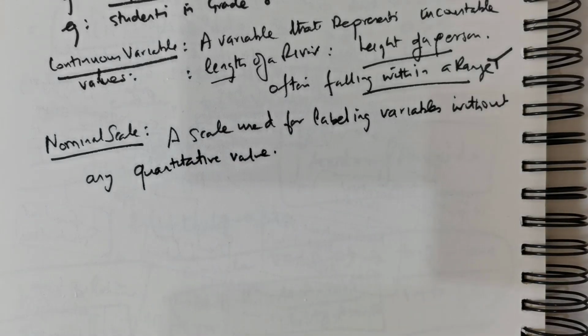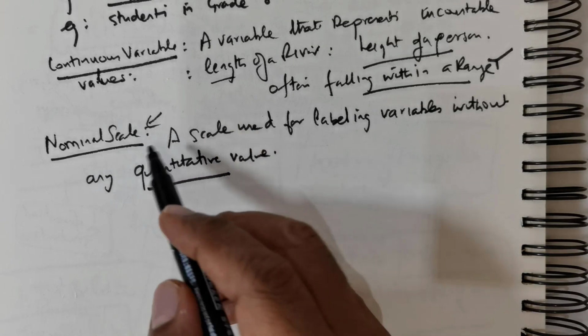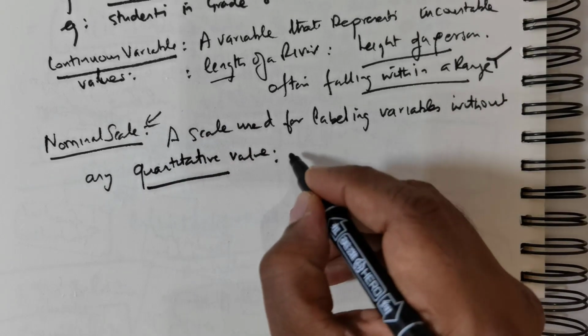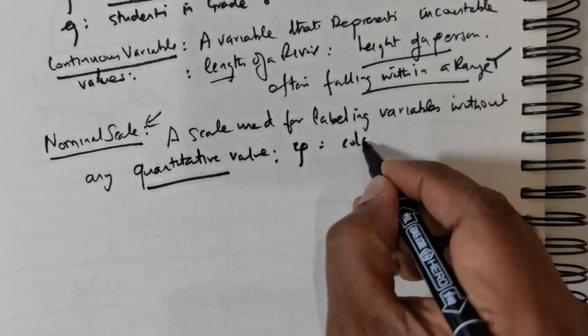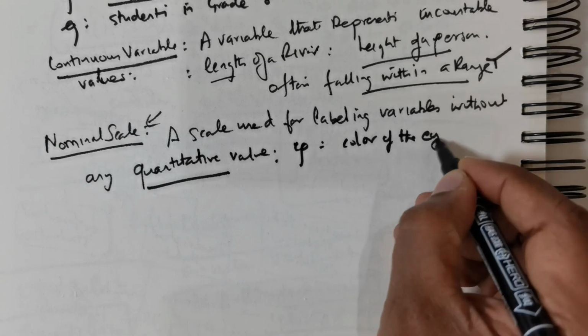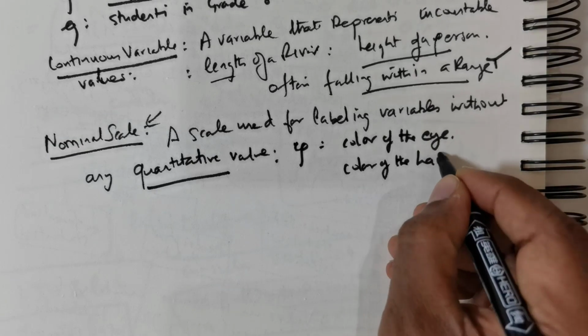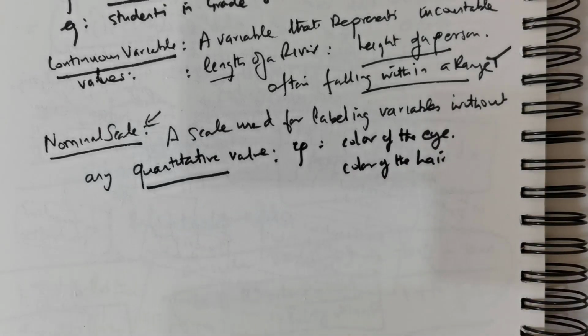So if you are dealing with a variable which has to be studied and which cannot be defined with a quantitative value, then we use this nominal scale. Of course, as we move on, I will give illustrations for each and every term that we are studying here. Example, say color of the eye, color of the hair. So you wouldn't be able to measure them using a quantitative value. So in cases like that, we use nominal scale.